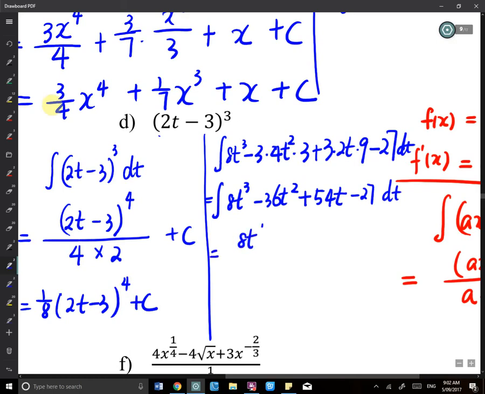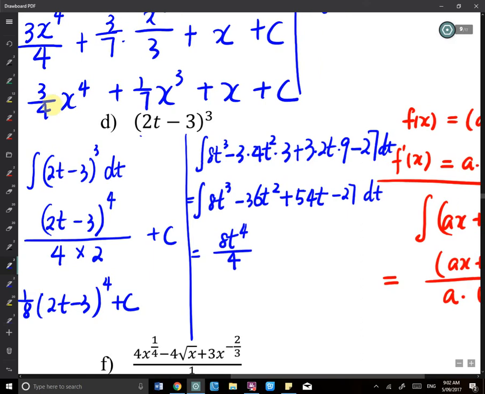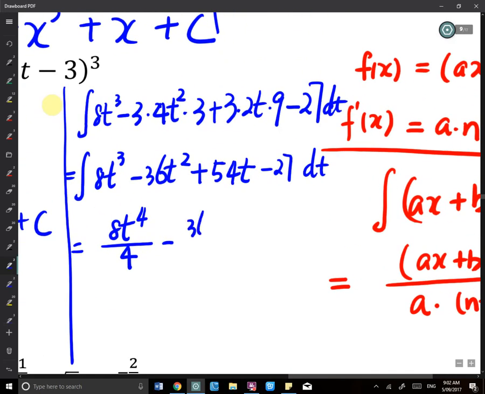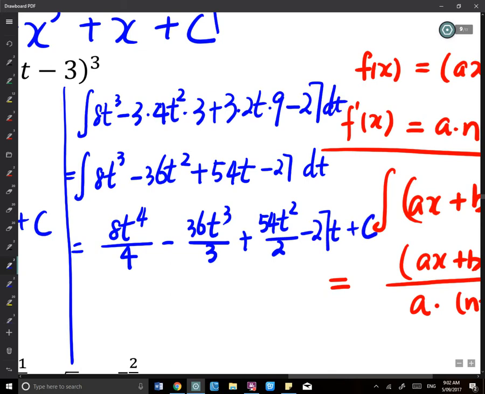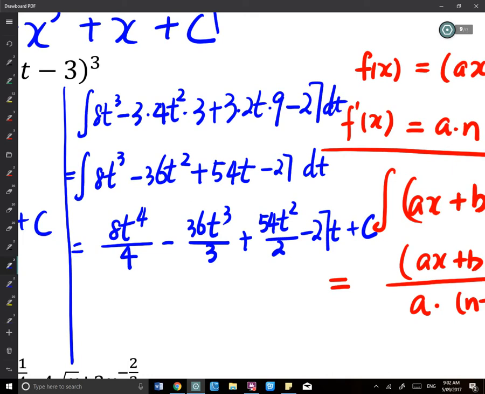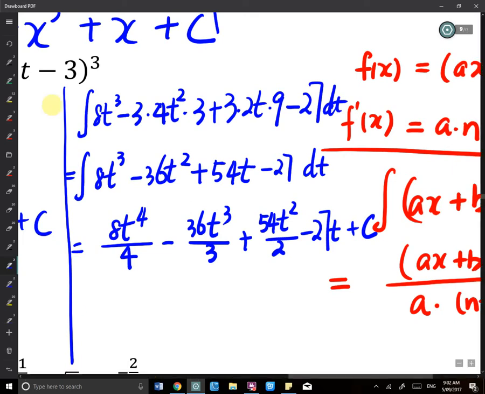That is 8t to the power 4 divided by 4, minus 36t cubed divided by 3, plus 54t squared divided by 2, minus 27t plus c. Right, increase the power by 1, divide by the power directly. What you have is 2t power 4 minus 12t cubed plus 27t squared minus 27t plus c.